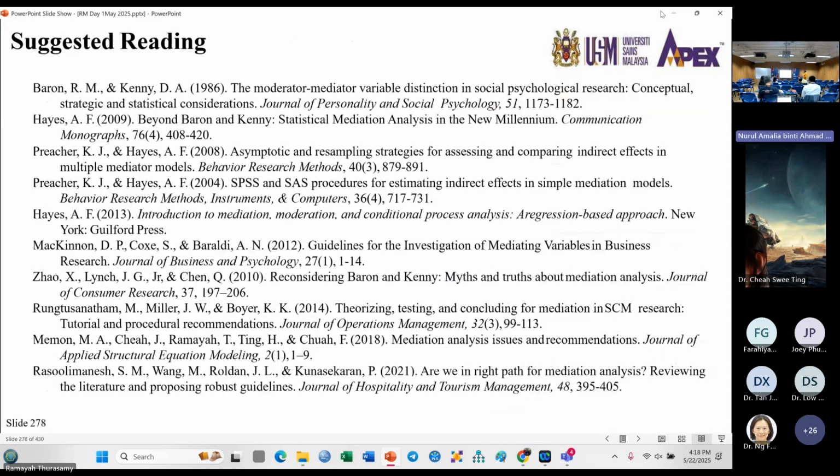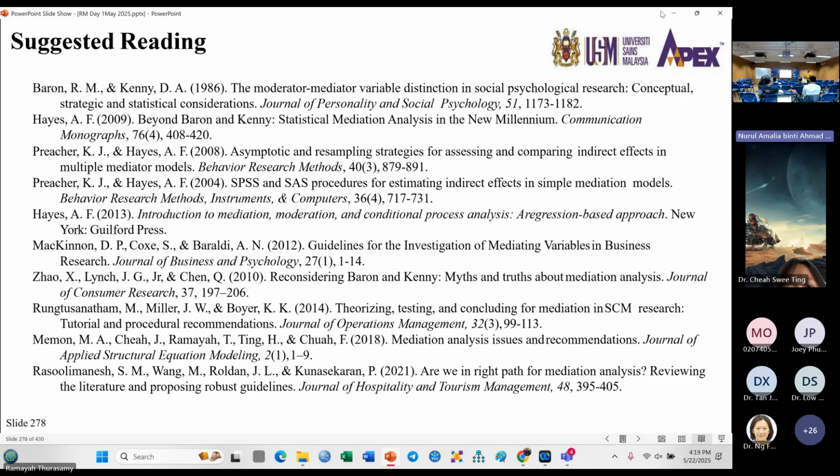So these are the literature for mediation. Okay. And this is the most recent one. This guy Mustafa was very lucky. He has a student called Wang, who is very good at systematic literature review, when he was in Taylor's University. So he has 2 papers at a very good level on systematic literature review.